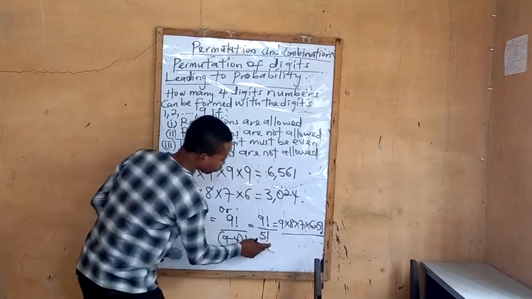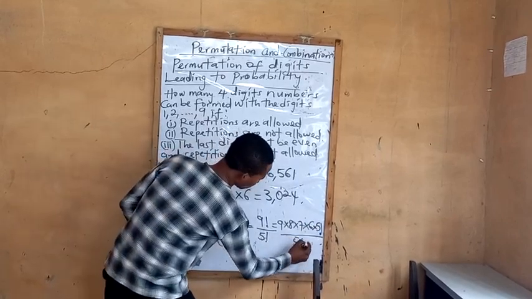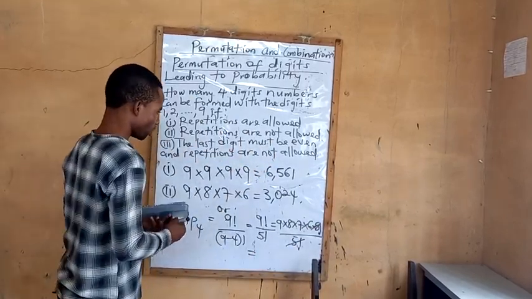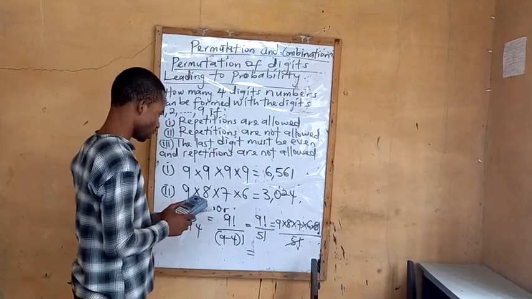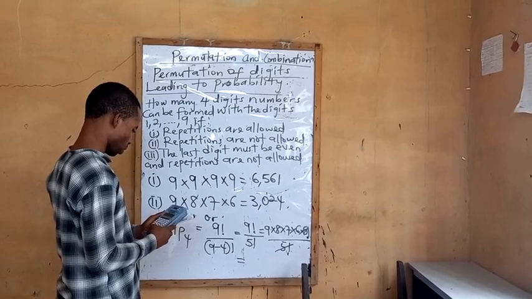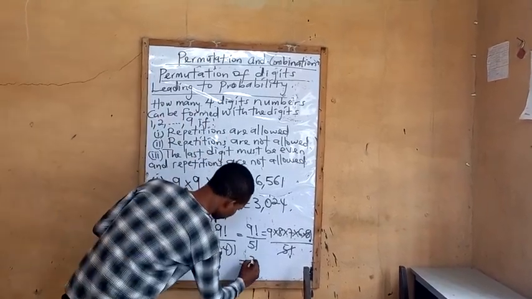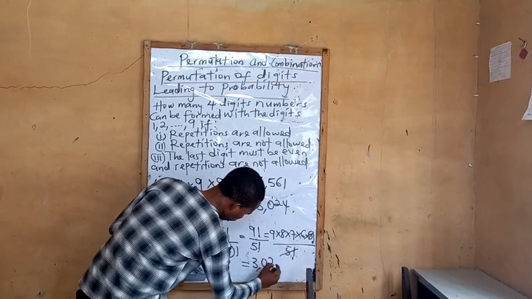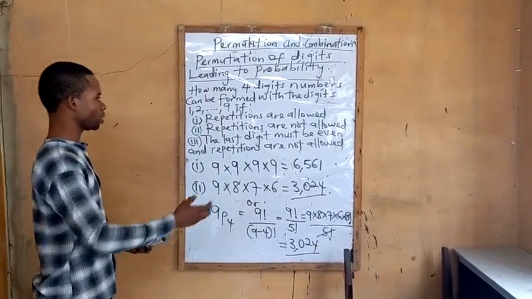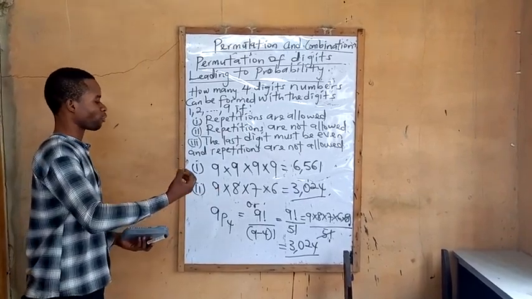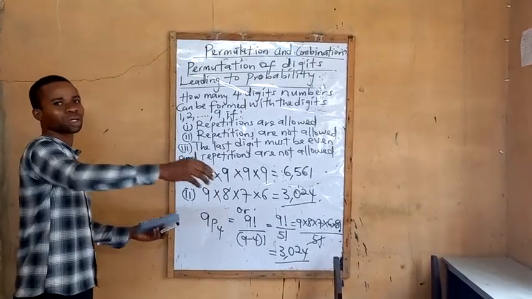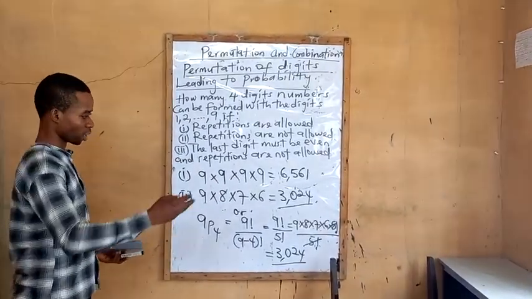You can stop here because this 5 factorial cancels the 5 factorial below. So if you multiply it, you're going to have 9 times 8 times 7 times 6. That is 3024. As you can see, they are the same thing. Because we are forming 4 numbers out of 9, that's going to be 9 permutation 4, because all of that arrangement is to be considered.